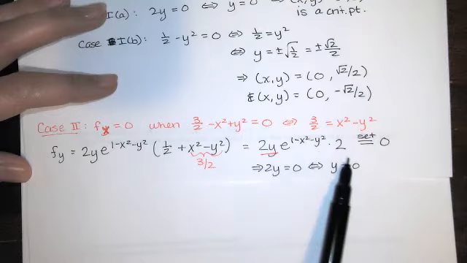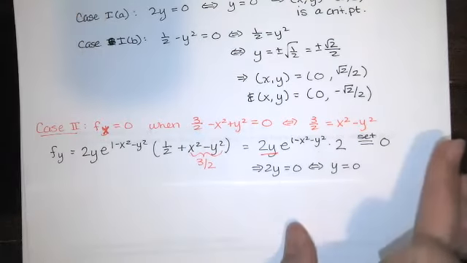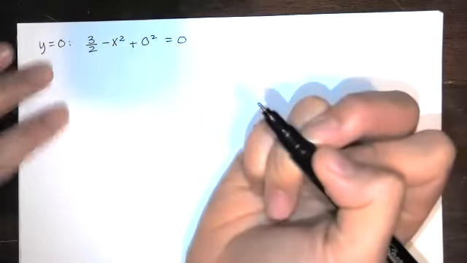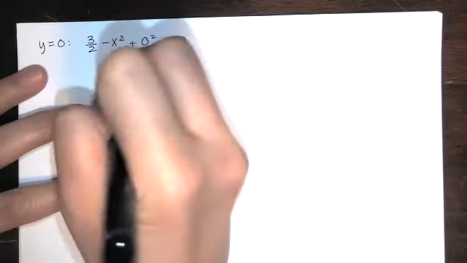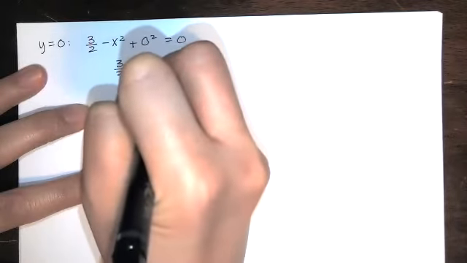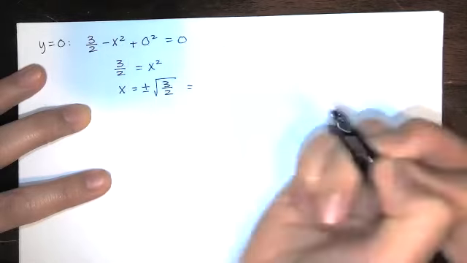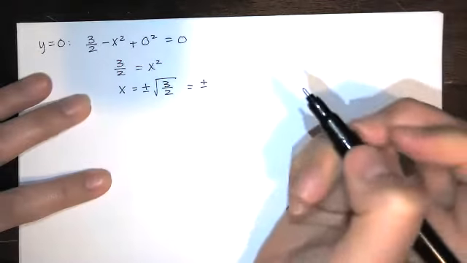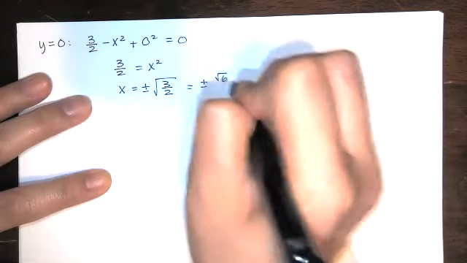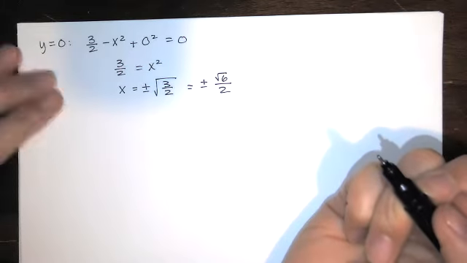So we can take this y equals 0 and substitute it in up here, and we can solve for x. So we've got 3/2 minus x squared plus y squared, which is 0, equals 0. So 3/2 equals x squared. So x equals plus or minus the square root of 3/2. Or if you prefer to rationalize, you can multiply by √2 over √2, and you get square root of 6/2.